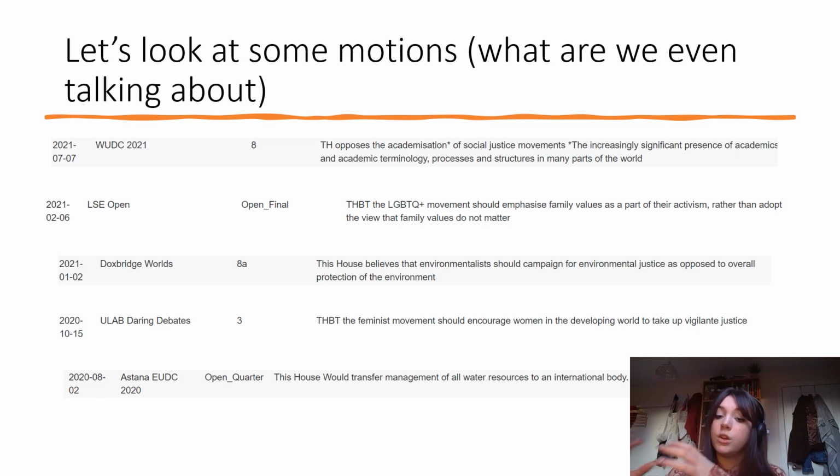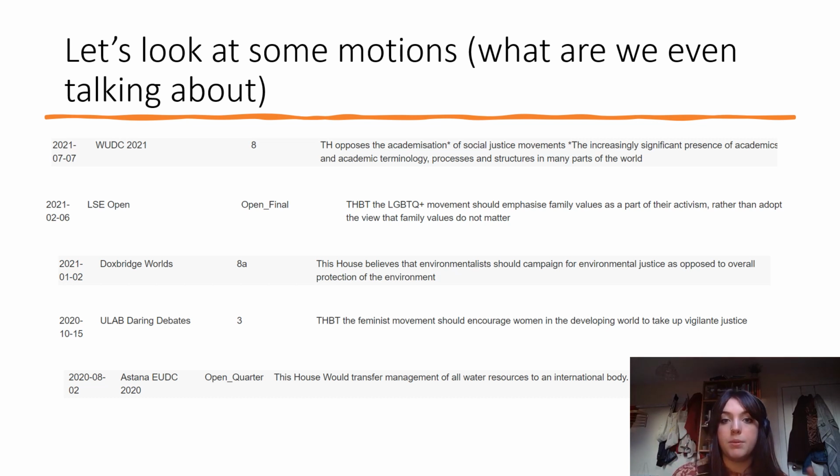So if this looks like the feminist movement within a Western structure attempting to legitimize women in the developing world taking up vigilante justice, so if this looks like women in the developed world directing women in the developing world to be violent and engage in violent actions, then I think there's some kind of power imbalance that should be talked about there, about whether or not that's a legitimate thing to do and whether or not that's pushing responsibility onto other people, right?